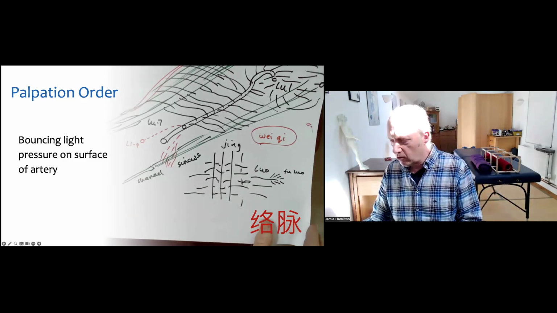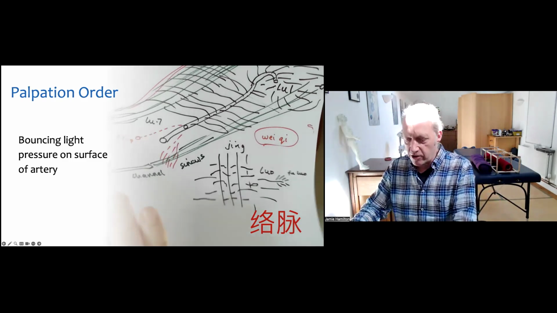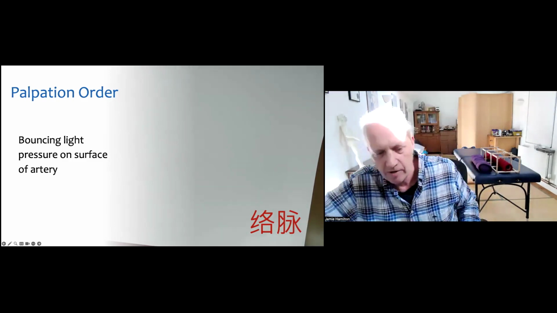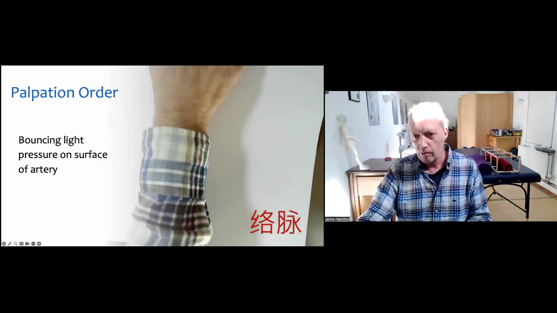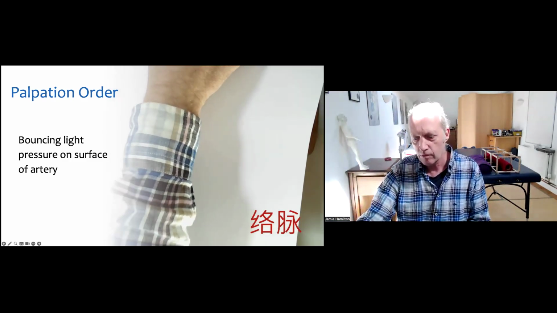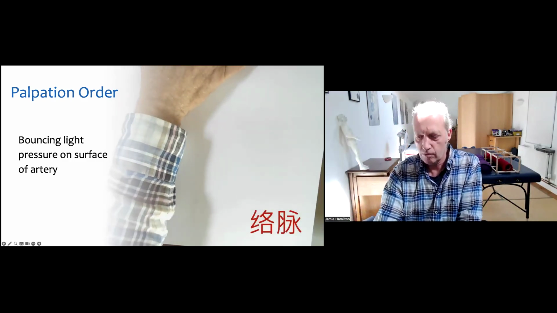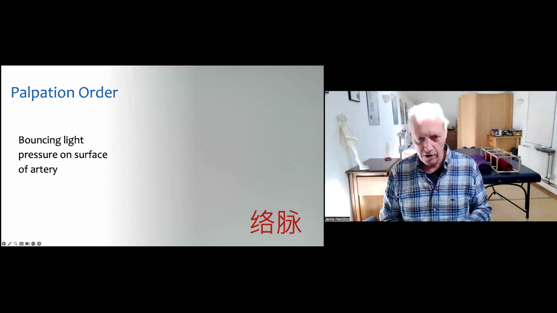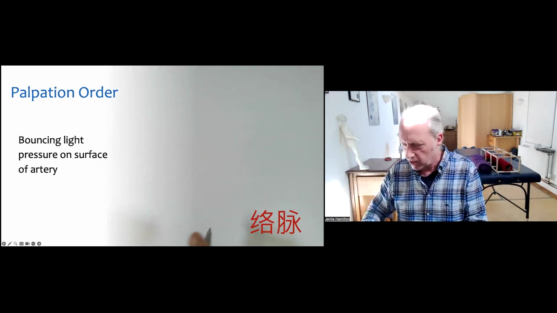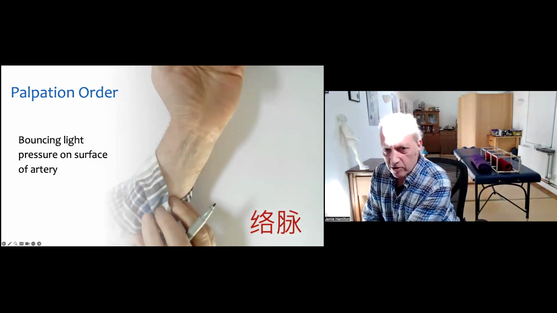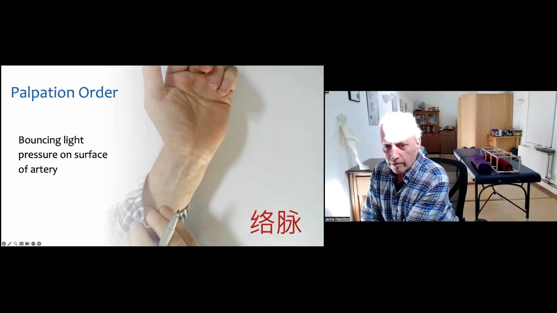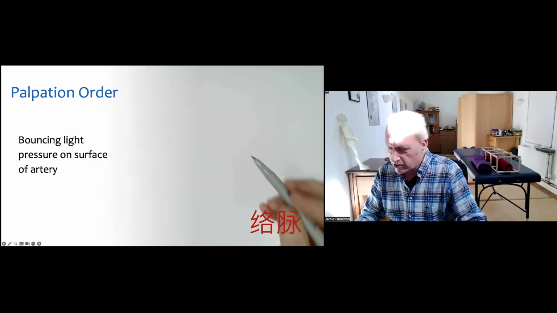Okay, so let's talk about how you're going to actually do this palpation. Before we were talking about, let's say in general, we're going to be talking about the left arm when we do this.